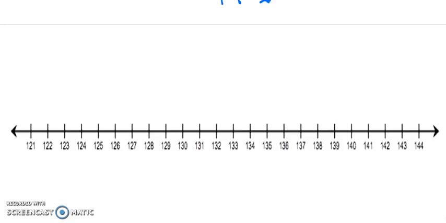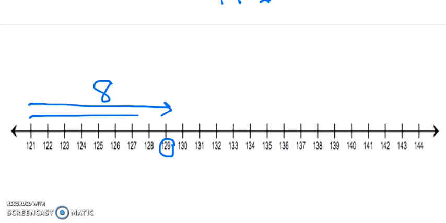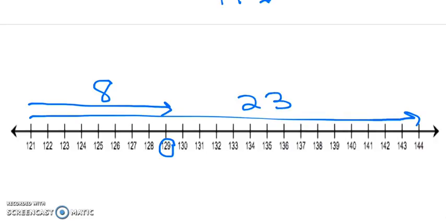So we're trying to find the square root of 129, which is located right here on our number line. We're finding the distance, the part of the way on the number line, up to 129, which would be 8 units. And the entire distance, the whole, would be 23 units.